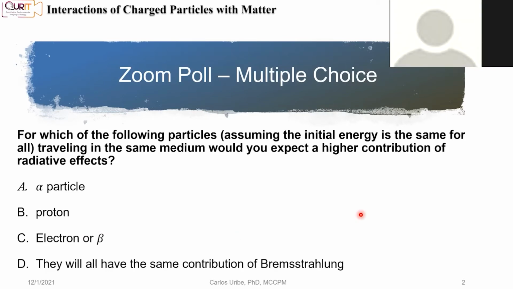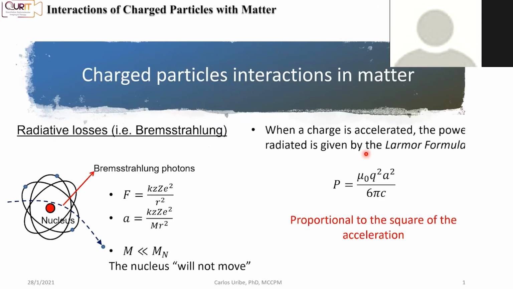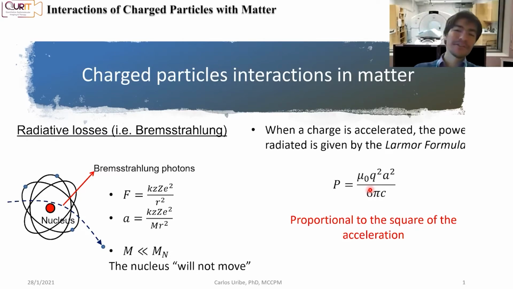So even though the alpha particle has higher Z value, the mass difference is not comparable to an electron. Because somebody might look at the Z at the top and say, oh, alpha has higher value, right? You can look at the charge and say, okay, the alpha particle has twice the charge.